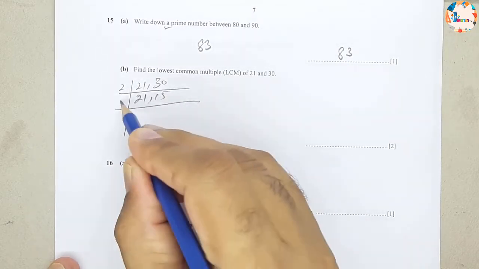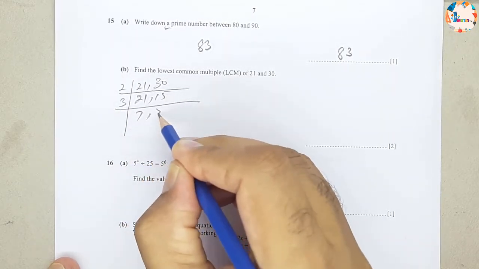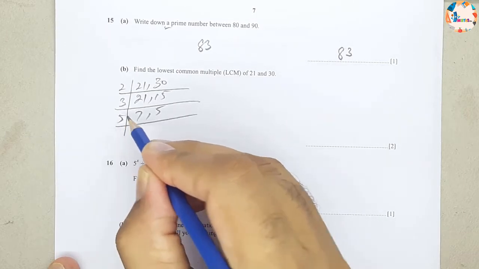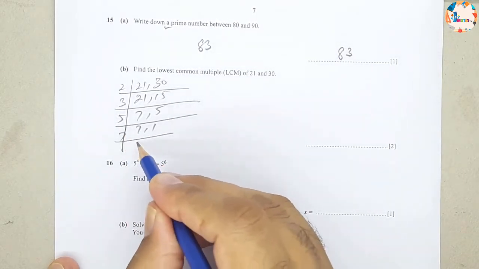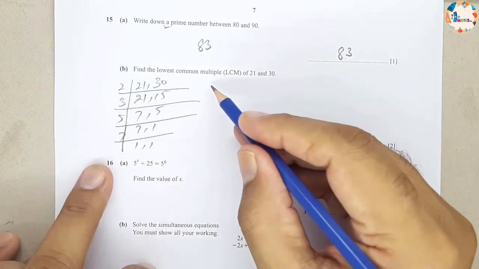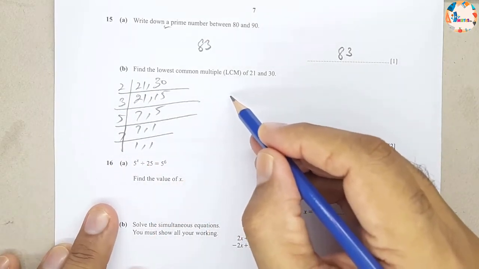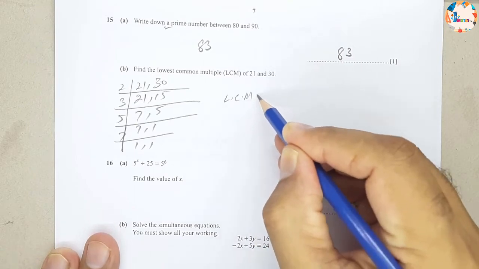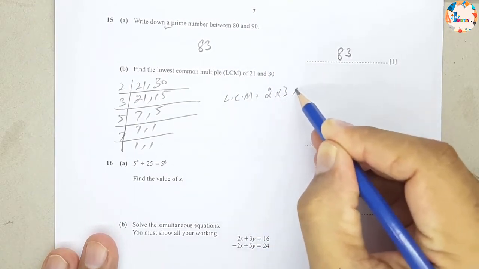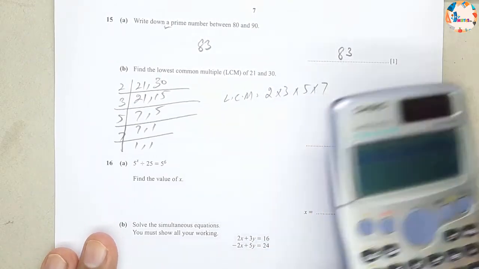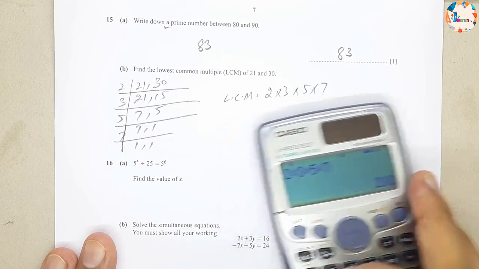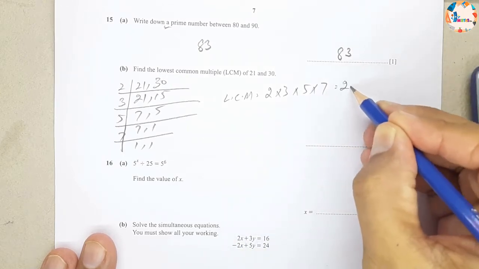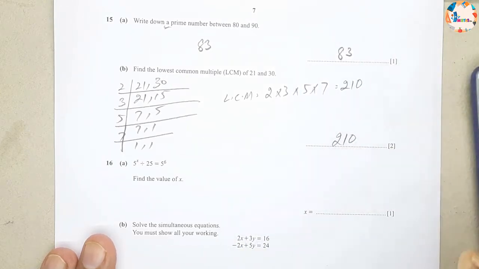Then we can use 3: 3 sevens are 21, 3 fives are 15, so then 7 and 5, and then 5, then 7, so this will be 1 and 1. After getting 1 and 1, we will be multiplying these. LCM will be equal to 2 into 3 into 5 into 7, and by using a calculator, this will be equal to 210. We will write here 210.